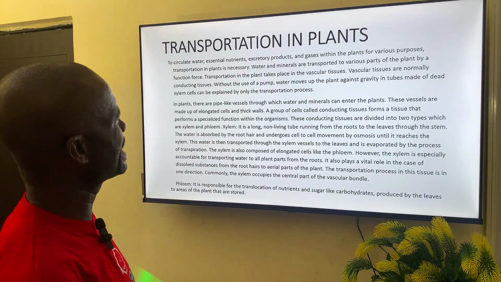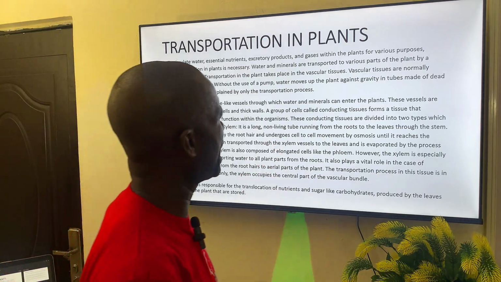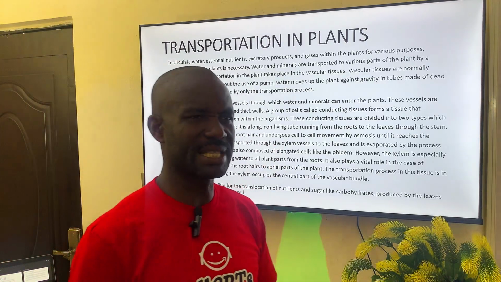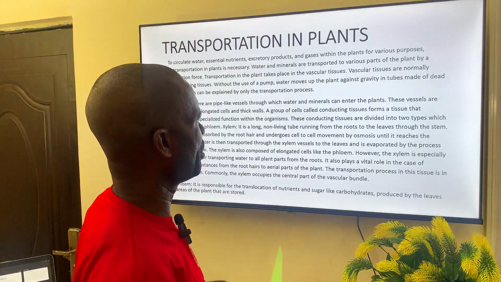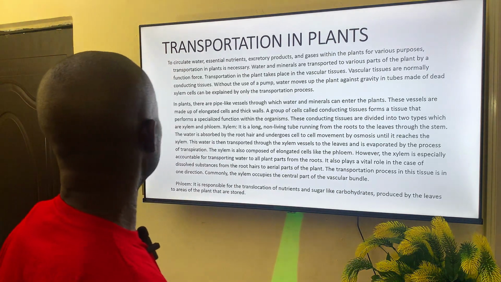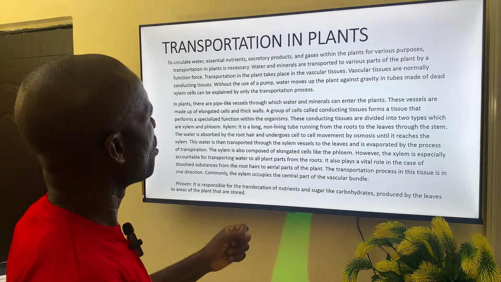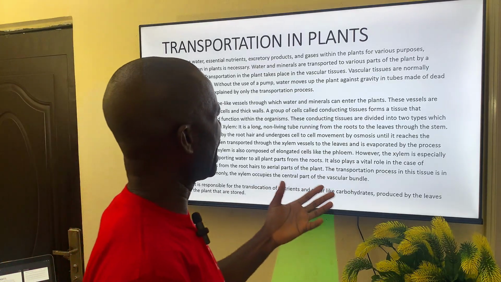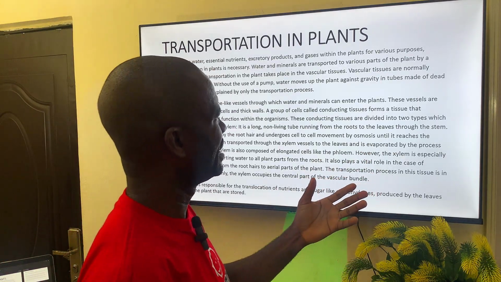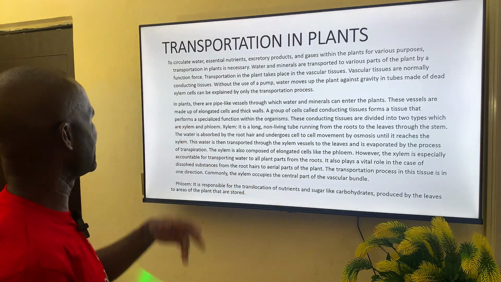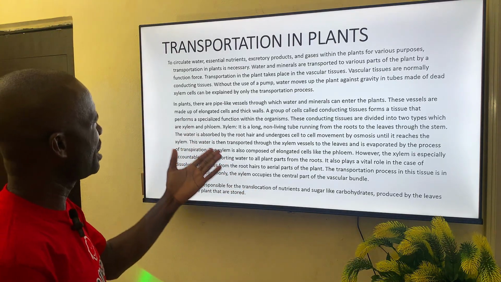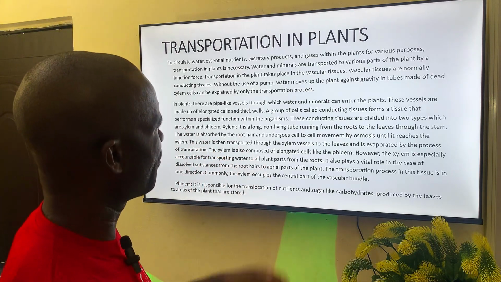Transportation in plants takes place in the vascular system. When we say vascular system, we mean the supporting system. The vascular system comprises the xylem, phloem, and the cambium. The vascular systems are normally conducting tissues. Without the use of a pump, water moves up the plant against gravity in tubes made up of dead xylem cells. This can be explained only by the transpiration process.